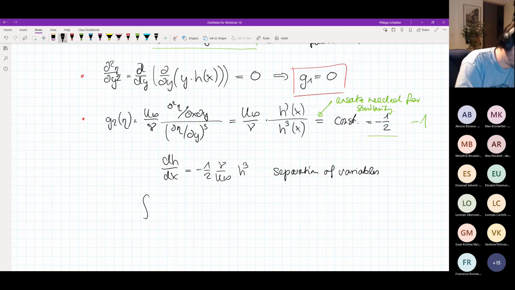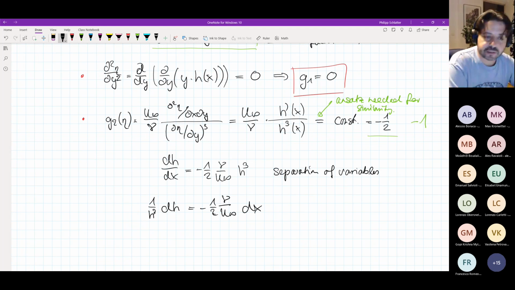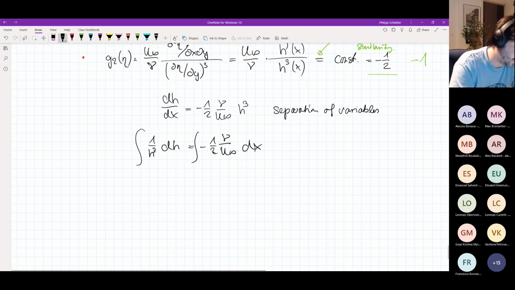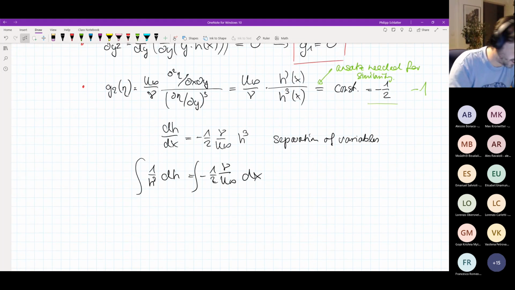So I have 1 divided by h to the 3 times dh is -1/2 of nu divided by u infinity times dx. And I want to integrate that, so I put some integral signs here.